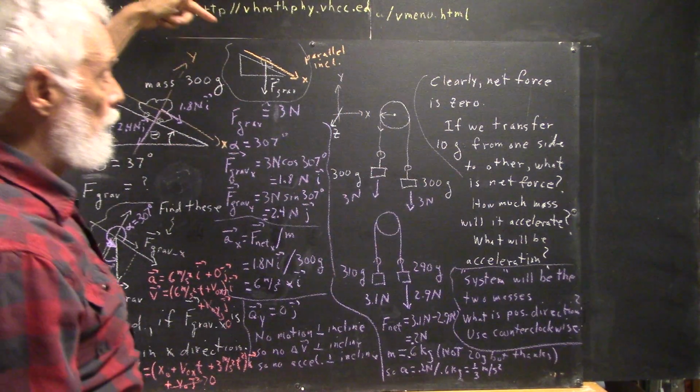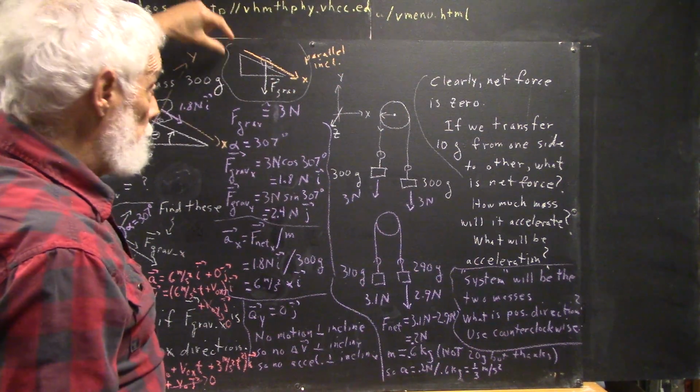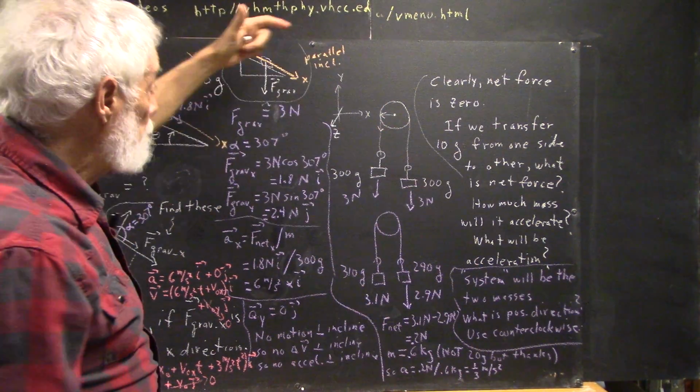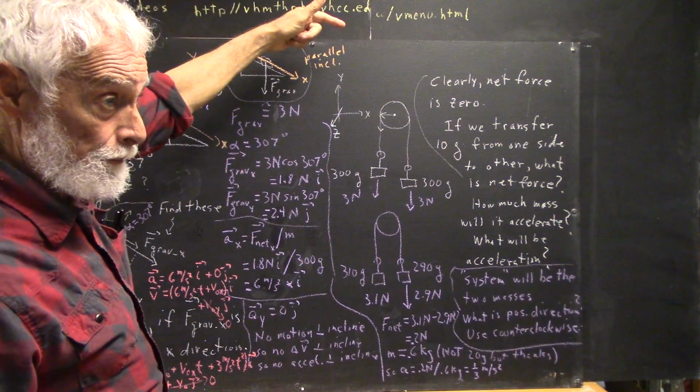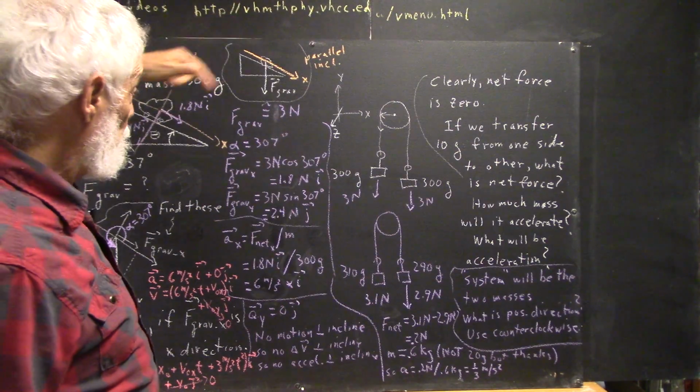And that way we know that our motion is all going to be in the x direction, as long as the object remains on the incline. Now, if the object leaves the incline, or the incline collapses, well, it's all out the window. You're not going to model it the way we're going to do here.